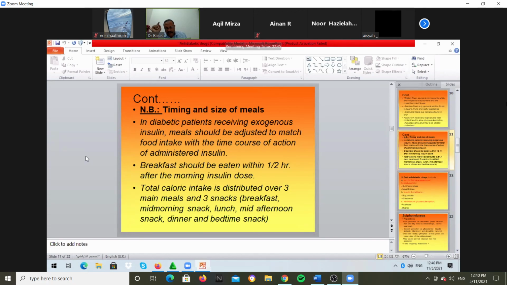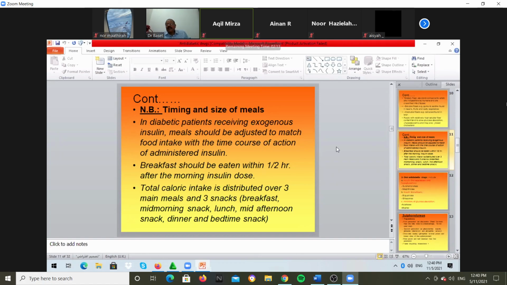At night, he will take insulin and go to bed. The middle of the night, doctor. What may be the risk? Hypoglycemia during sleeping.